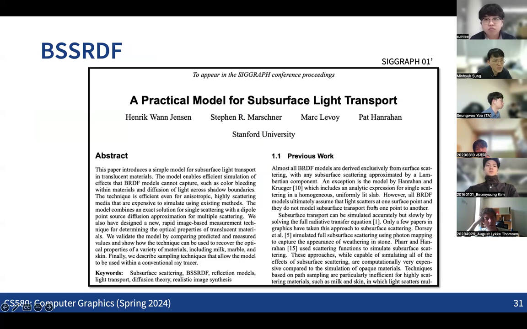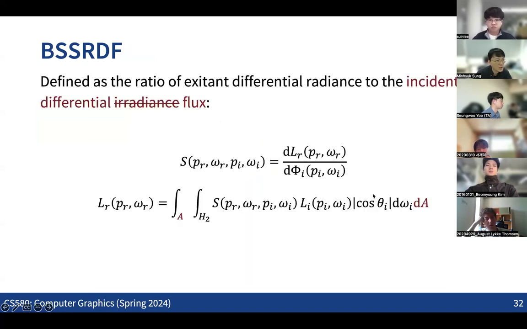The basic formulation is that now we are defining the ratio between the outgoing differential radiance and the incident differential flux, not the incident differential irradiance, because we are going to take the integral not only over the solid angles, but also over the area as well.